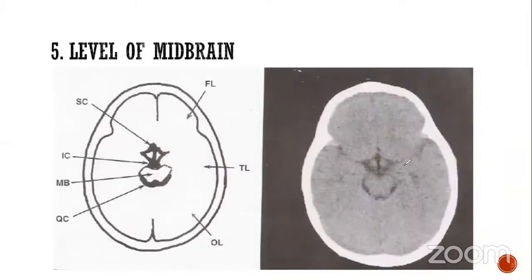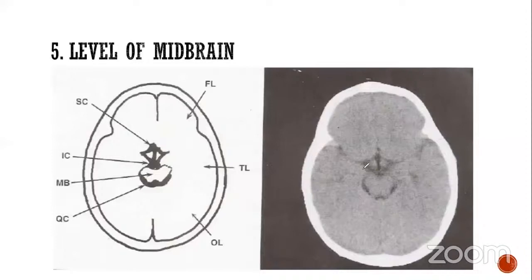Next one is at the level of the midbrain. At this level, this is the midbrain. It appears as a central apple-shaped body, with the interpeduncular cistern in front of the midbrain.